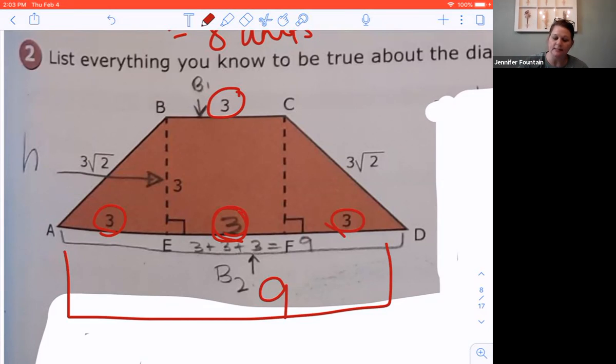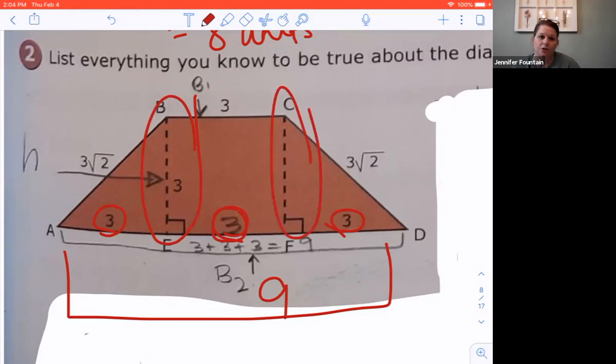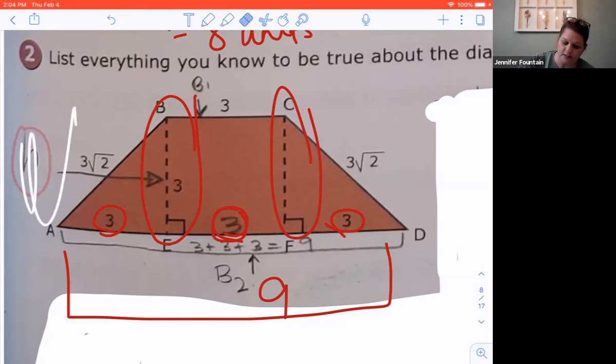So one of my bases is 9, the other one is 3 at the top. Now I can look at my height. Again, my height is 3 because that is going to be from the base up to my top vertex. So I went ahead and labeled that with the letter H. So I can make sure that when I'm working with these formulas, I put everything in the correct place. Erase all this.